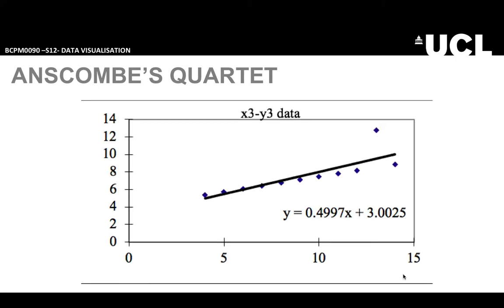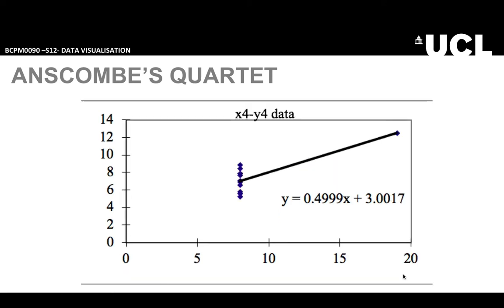Then, in the third dataset, we have this other pattern which describes a perfect linear relationship, except for this one dot showing way up at the top, which appears to be an anomaly. Maybe it got recorded wrong, or maybe something strange is going on there. The fourth dataset is a very strange dataset.